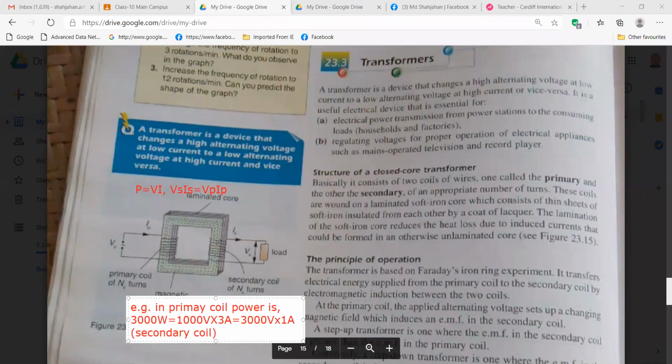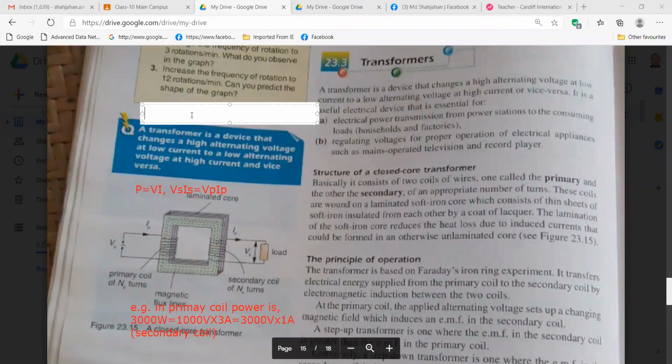After finishing this writing, you write the definition of transformer now. Before writing the definition, you write hence. Hence, a transformer is a device that changes a high alternating voltage at low current to a low alternating voltage at high current and vice versa.